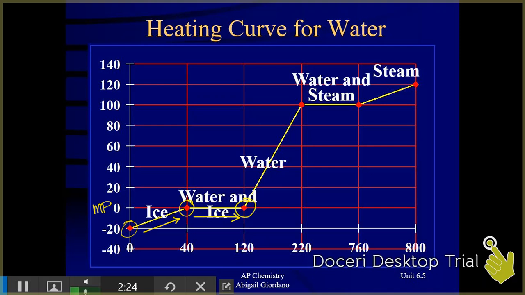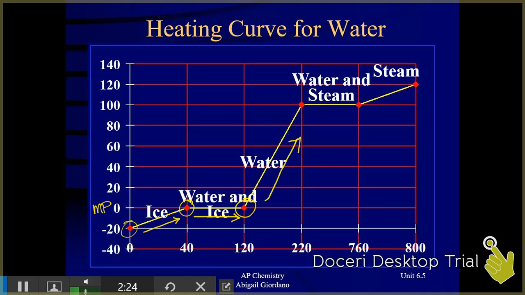And as soon as I hit this point, all of the solid is now melted. So I am 100% in the liquid phase at this point. And as soon as all of the solid has been converted into liquid, then we can start to raise the temperature of the liquid phase.